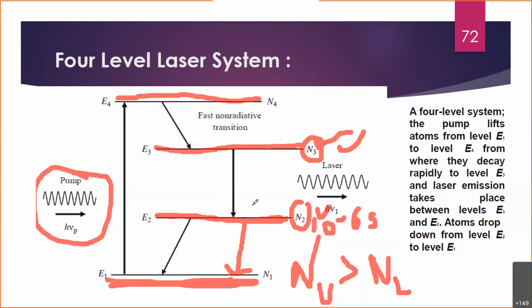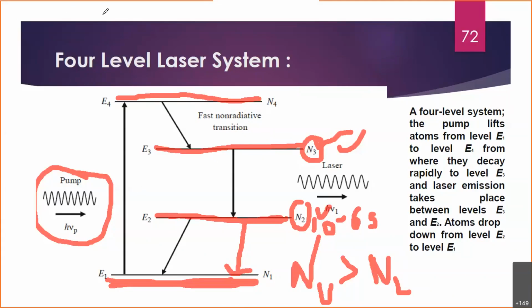Okay, and if I summarize this, what people are considering is that in this 4 level system, level 3 has almost maximum number of particles, level 2 has almost negligible number of particles, and that is how they can achieve the population inversion between level 3 and level 2 in the 4 level system. Okay, so again if you speak theoretically, what may be the possible case?